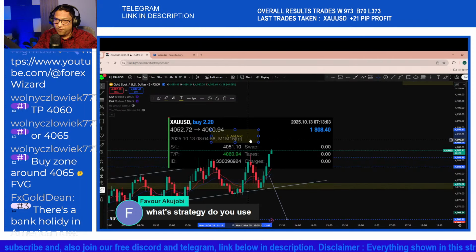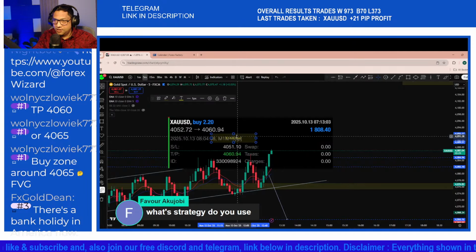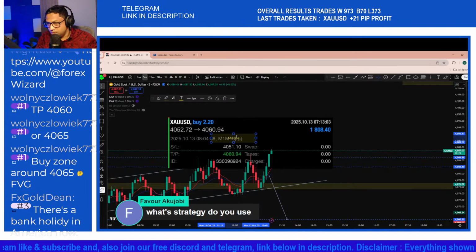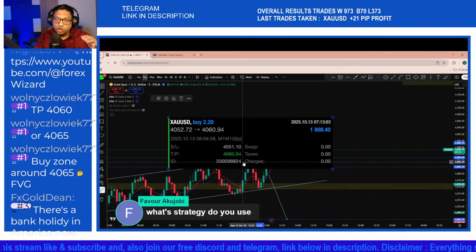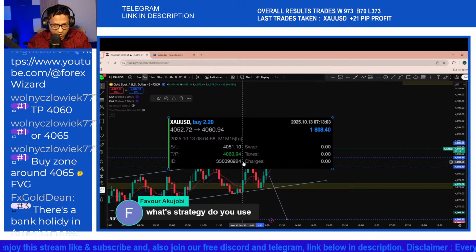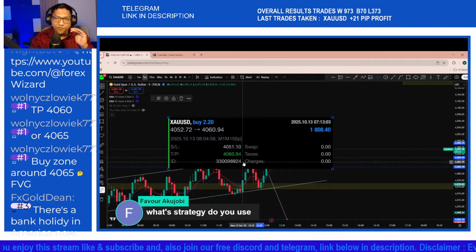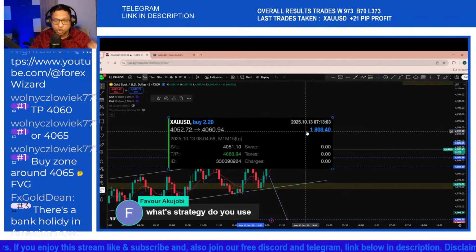This is the 5 minute and the 15-minute chart. Every trade that I open uses multiple time frames. Now if you look at the stop loss pips and profit target pips, the entry at 4052.72, stop loss at 4051.10.